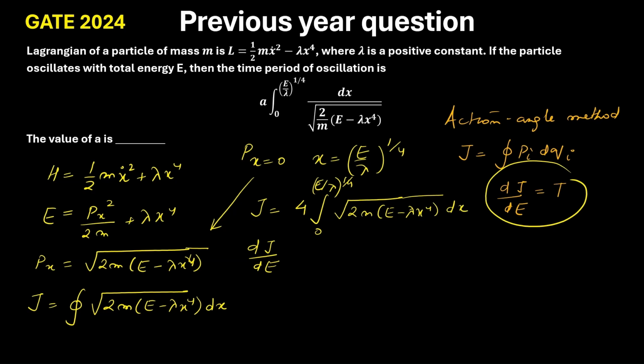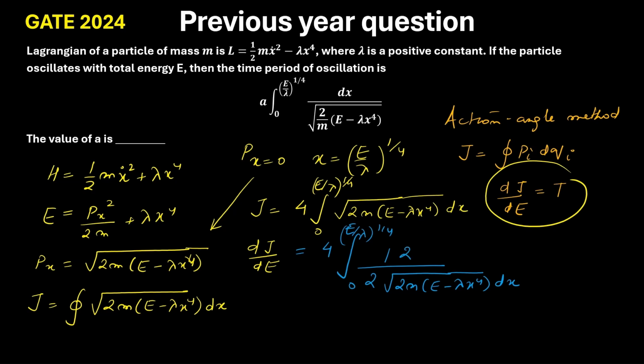So using that technique, my differentiation will be 4 times the integral from 0 to (E by lambda) to the power 1 by 4. If I differentiate this, I'll get 1 by 2 root over 2m (E minus lambda x to the power 4) dx.